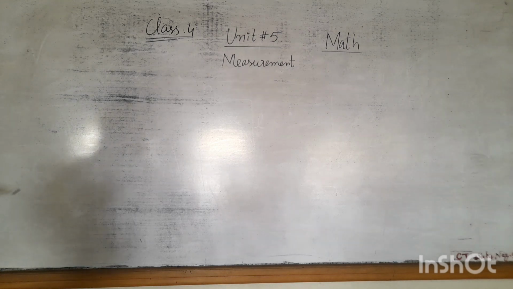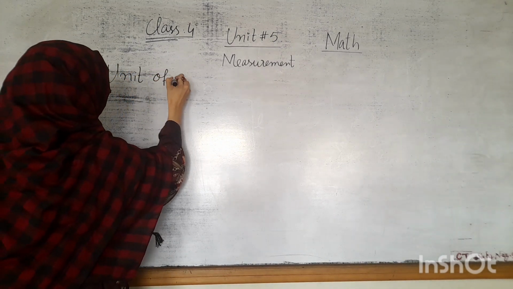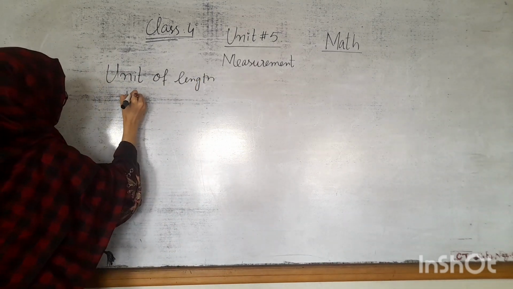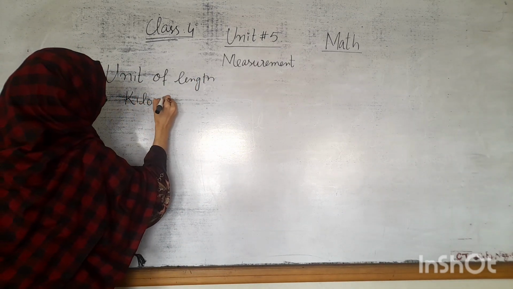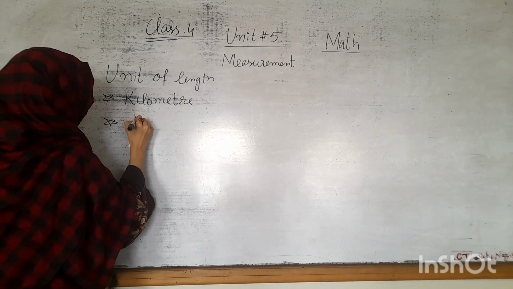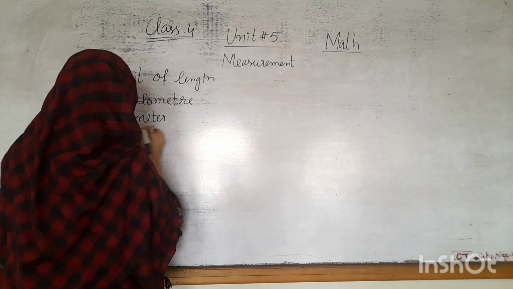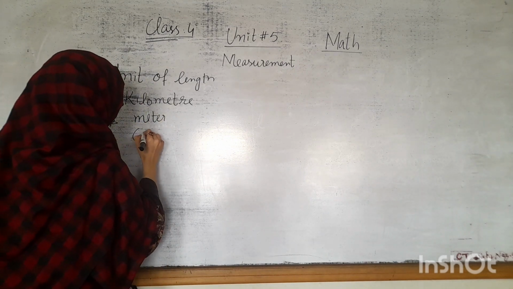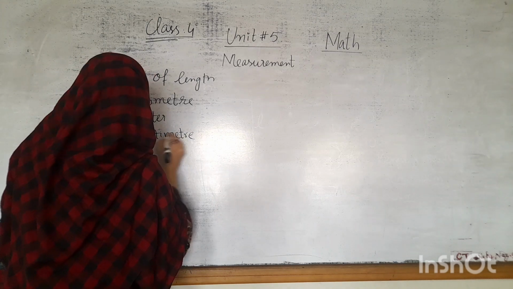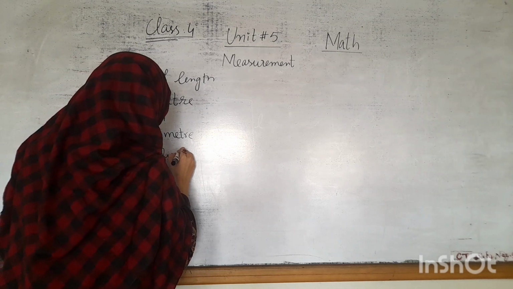So first we have units of length. Then we have kilometer, meter, centimeter, and millimeter.